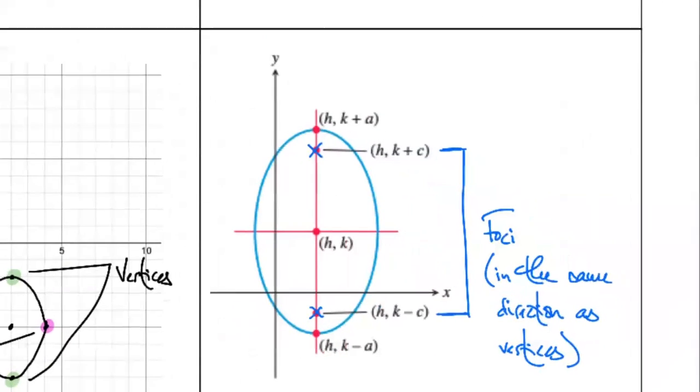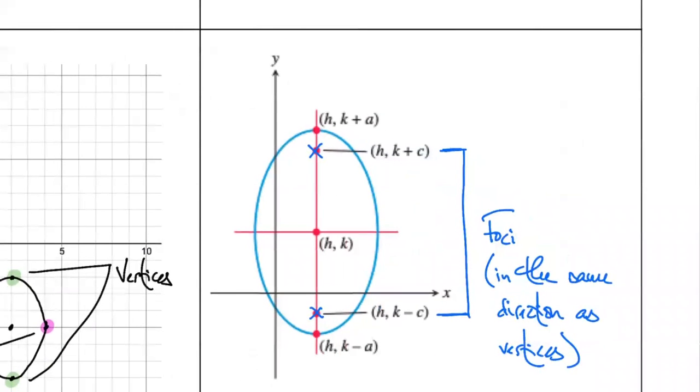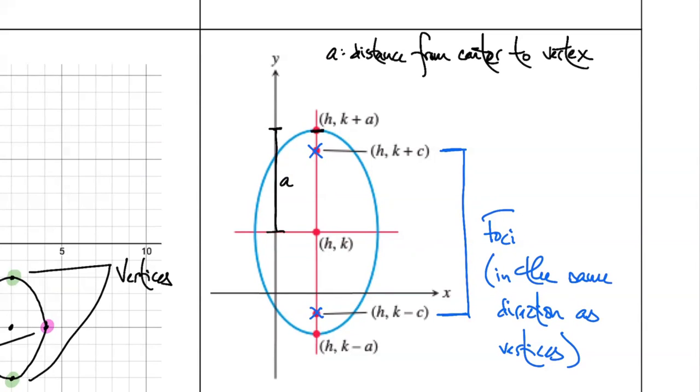I'm going to use this prettier diagram to show the A, B, and C, all right? This distance, so all the way up to the vertex, down to the center, that is A. All right, so A is the distance from center to vertex.